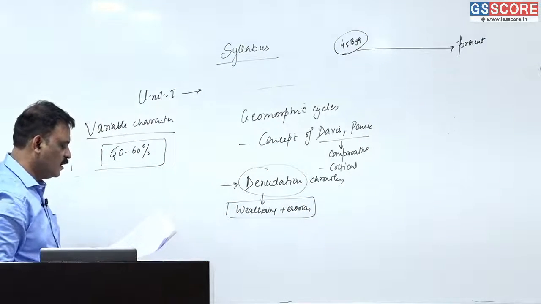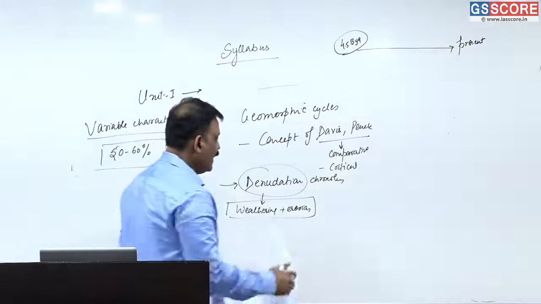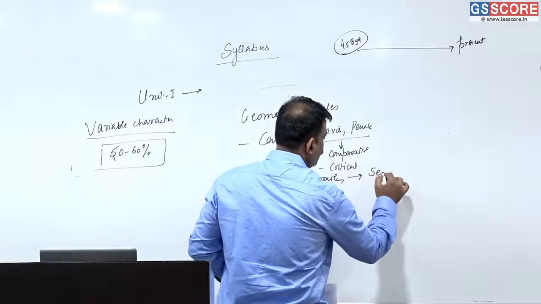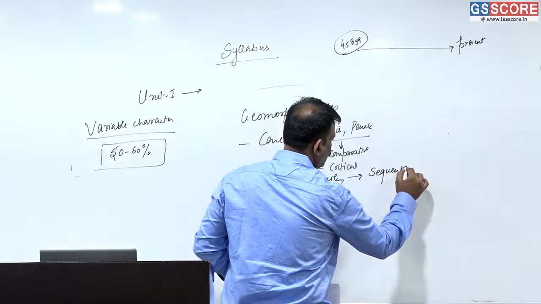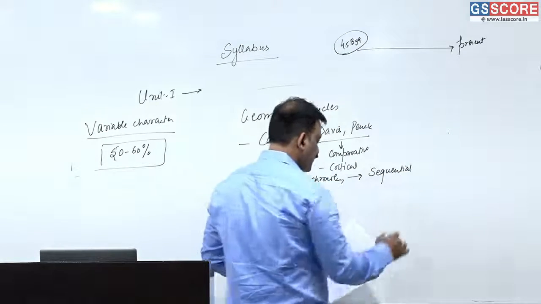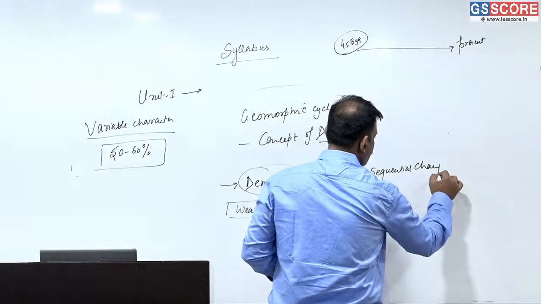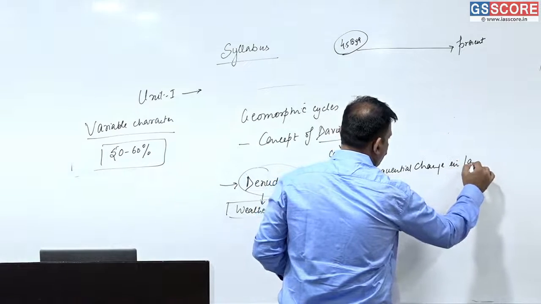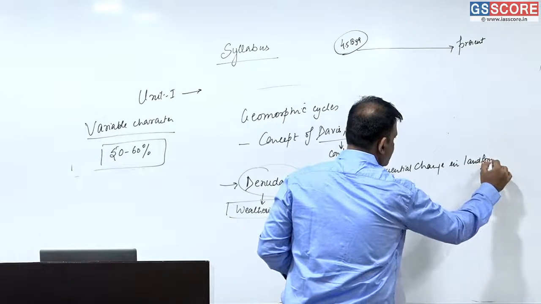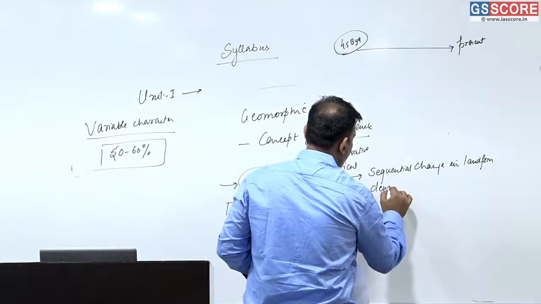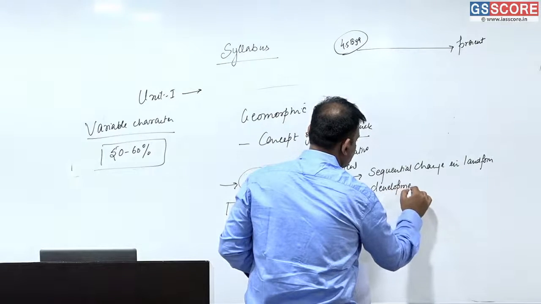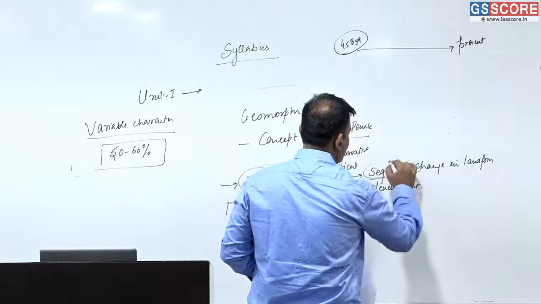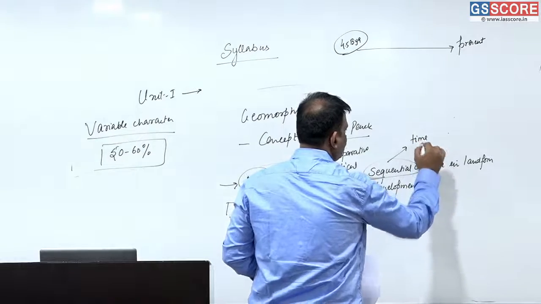And denudation chronology means sequential change in landform development. Sequential change. So when we are talking in terms of sequential change, we are talking in terms of time also.